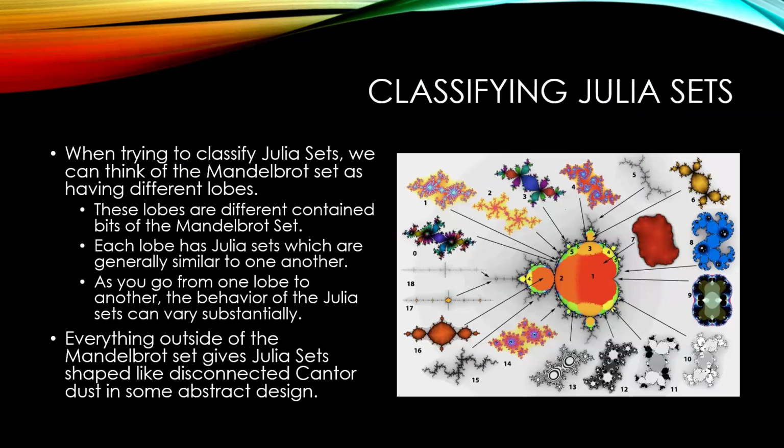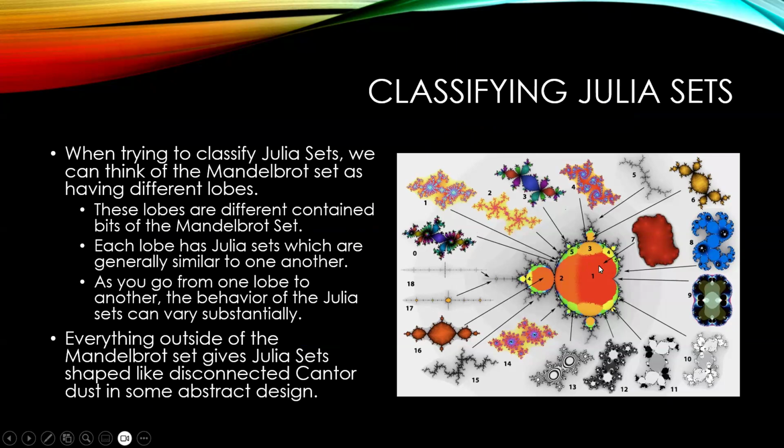When trying to classify Julia sets, we can think of the Mandelbrot set as having different lobes. These lobes are different contained bits of the Mandelbrot set. So each lobe has Julia sets which are generally similar to one another. And so if we were to pick something from up in this top lobe, all of the Julia sets are going to look fairly similar.